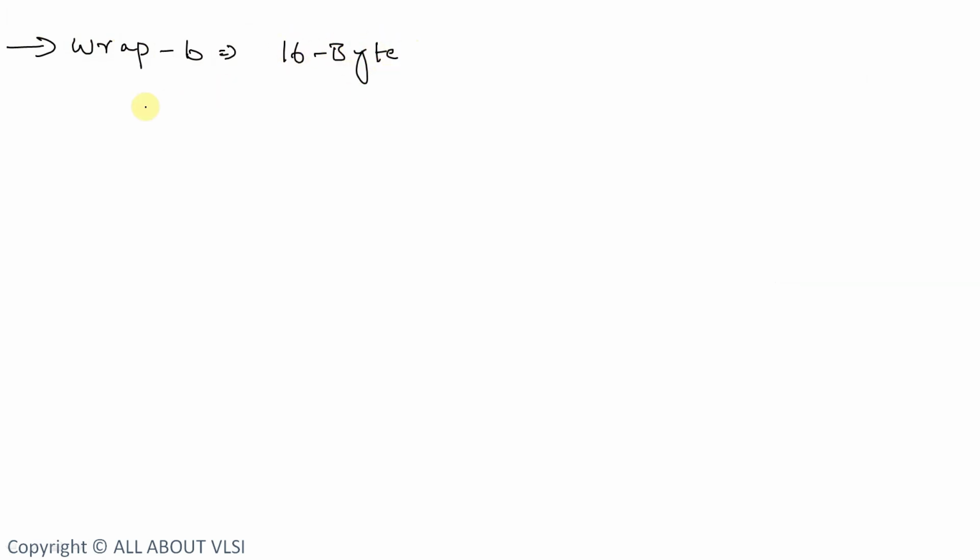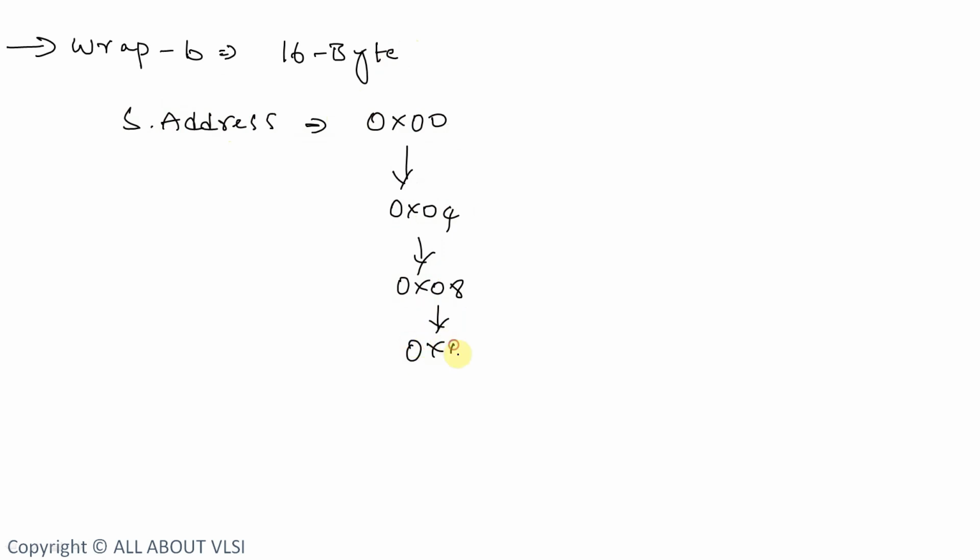If our starting address is 0, then the next address will be 4, the next address will be 8, and the next address will be C. And we have reached our 16 byte WRAP boundary, and after this we should go back to 0. This is how we are going to transfer.